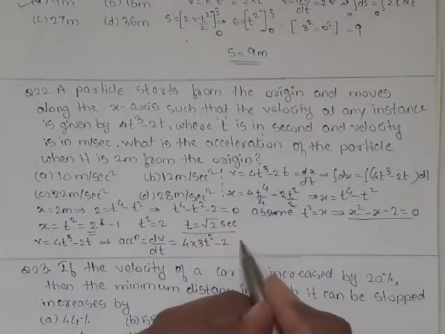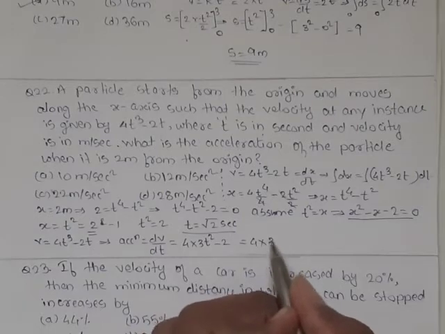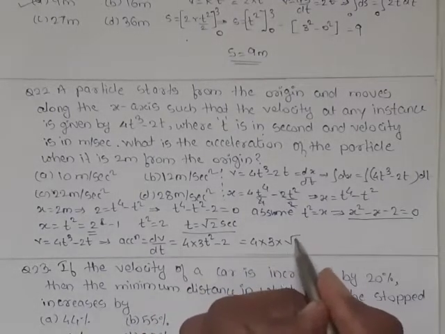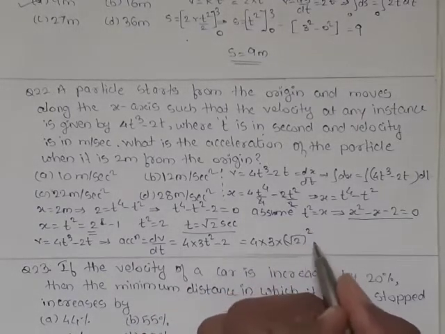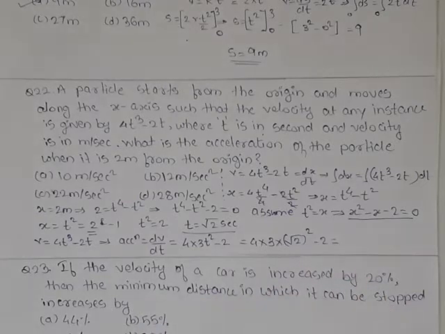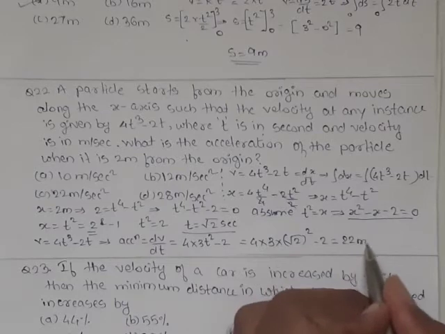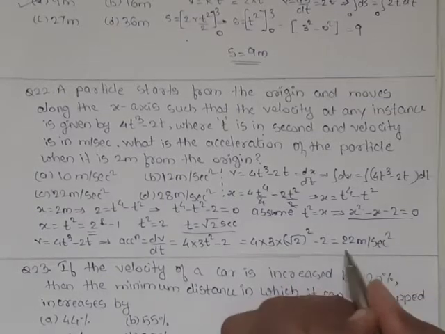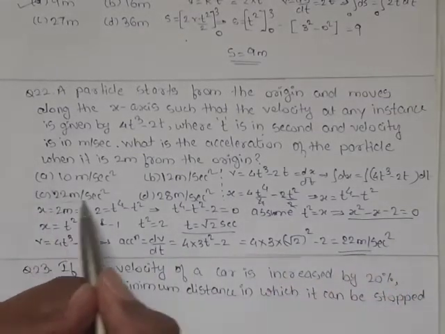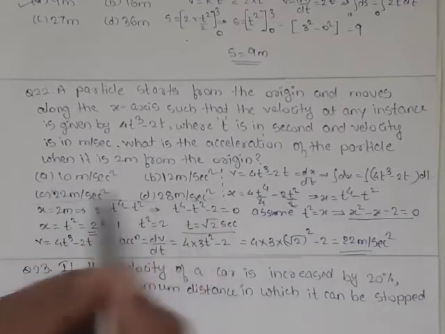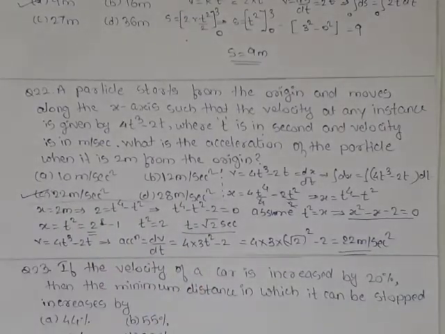It will become 4 into 3 into the value of t, which came to be root 2, its square, minus 2. Solving this, we get the answer equal to 22 meters per second square. This is our value of acceleration. If we observe these 4 options, option C is correct. The acceleration after distance x equal to 2 meters is 22 meters per second square.